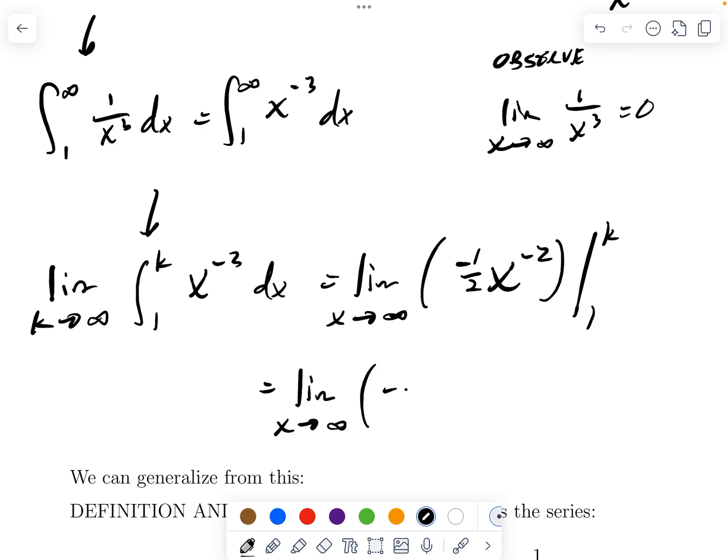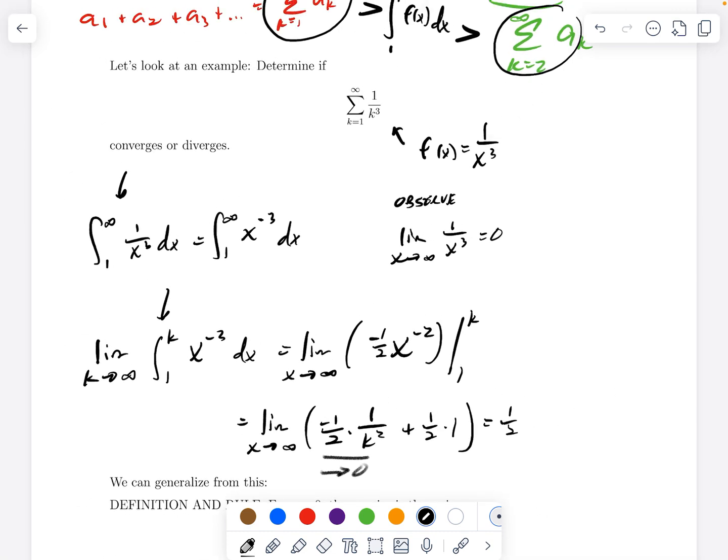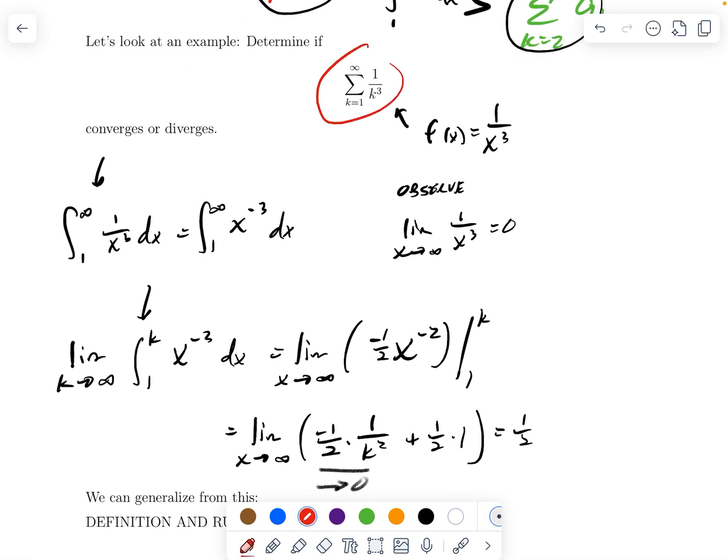So if I plug in k, I have -1/2 times k to the -2. Then I have 1/2 here. And so what's going on is k is growing infinitely big, but here I have k in the denominator. So this part here is approaching 0, and the whole thing is 1/2. So what that means is that this one also converges. This converges. And we're not saying it's equal to 1/2, right? What this is equal to is a much harder problem, but it's definitely finite.